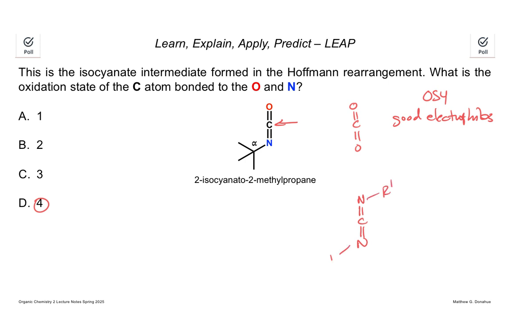You have these carbon groups coming off. That's called a carbodiimide. And so it's at oxidation state 4. So really it helps amino acids condense with one another. So that's how, in the lab, chemists make peptide bonds.